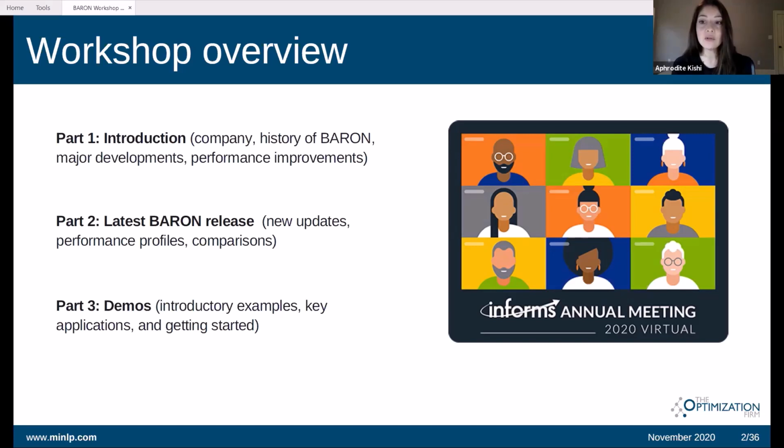He'll discuss its new features and performance enhancements, along with performance profiles and comparisons, with some interesting concrete applications of Barron in industry, including a recent application for COVID-19 management. Lastly, we'll provide some demos using Barron, as well as some information on getting started with the Barron software.